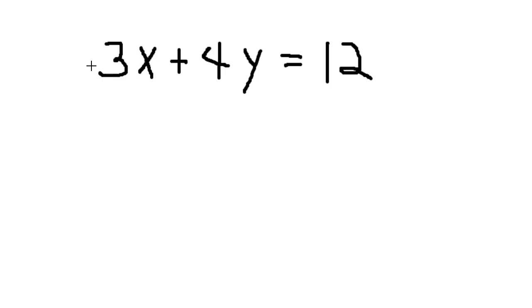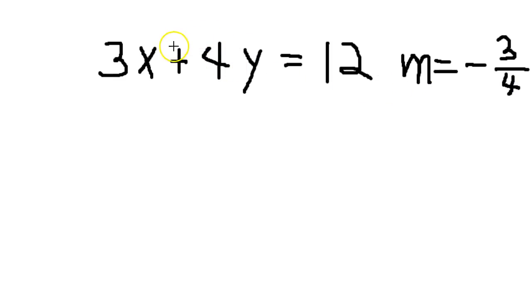So if a line is going to be parallel to this line, it should have exactly the same slope as 3x + 4y = 12. In the previous two videos in this series, we talked about how we can look at this equation immediately and determine that the slope is -3/4.